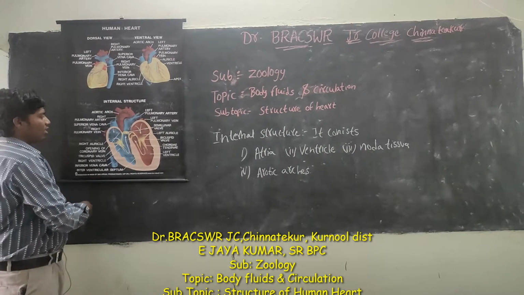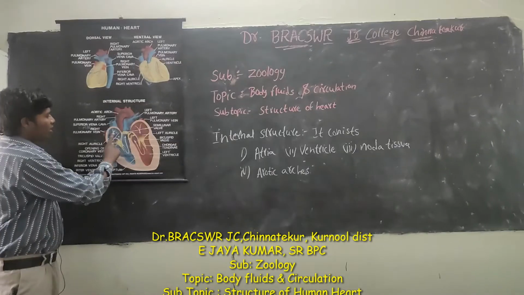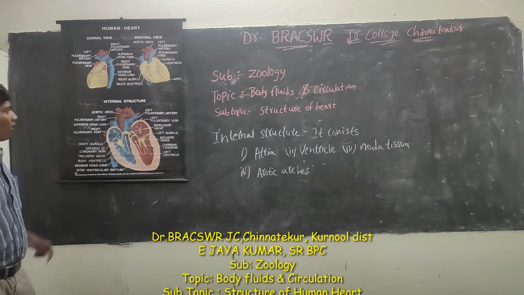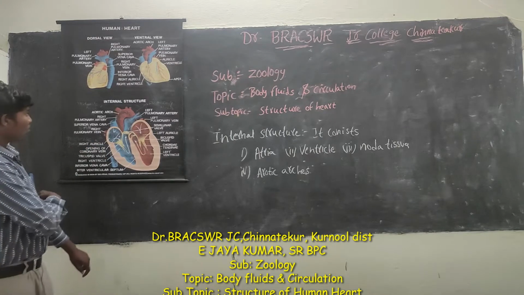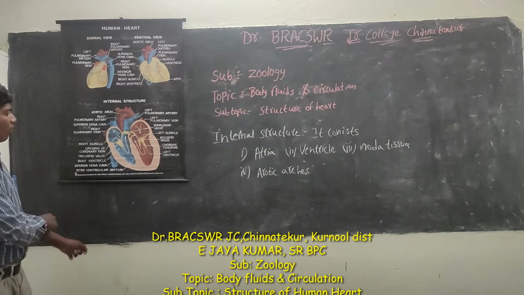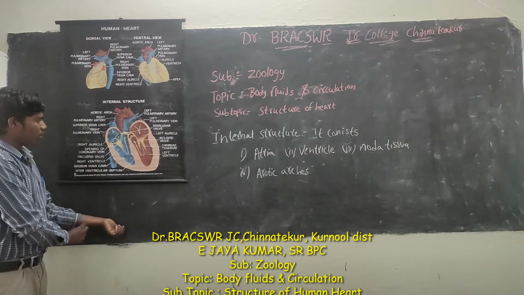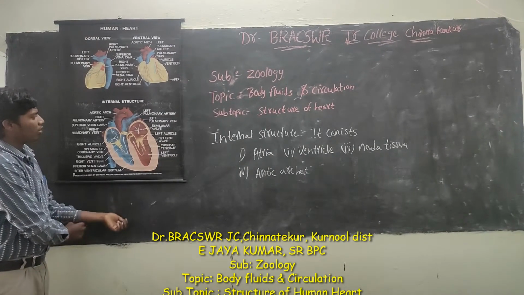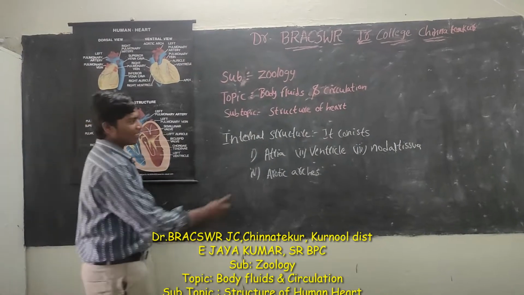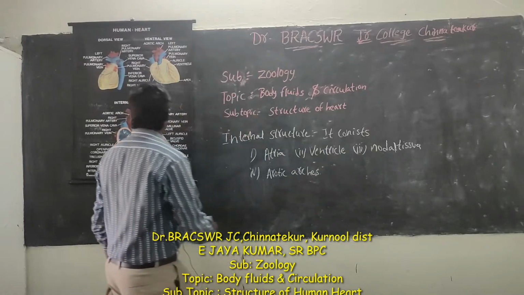Nodal tissues have SAN and AVN, the sinoatrial node and atrioventricular node. Internal structure consists of four parts: atria, ventricles, nodal tissues, aortic arches.